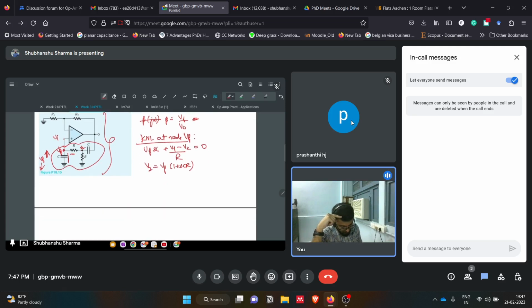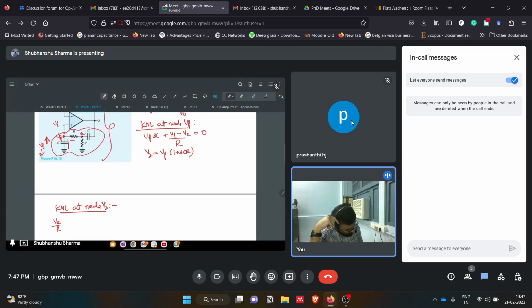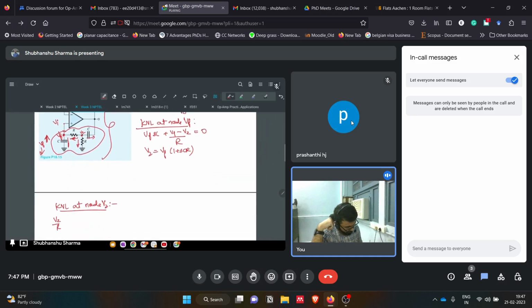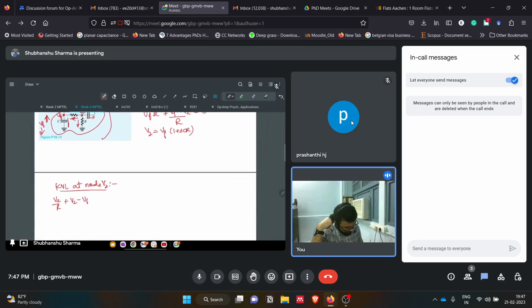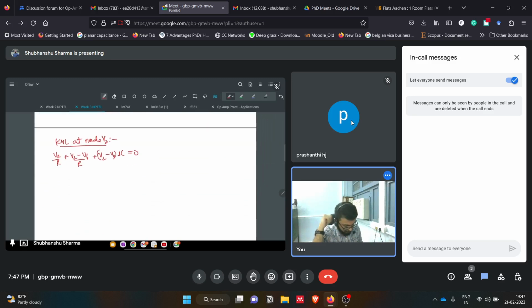Then if we apply KCL at node V2, it will be V2 by R for one branch, V2 minus Vf by R for another, plus V2 minus V naught by 1 over SC for the third, equals 0. If we solve this, we get V naught by Vf equal to (S square R square C square plus 3SRC plus 1) divided by SRC.